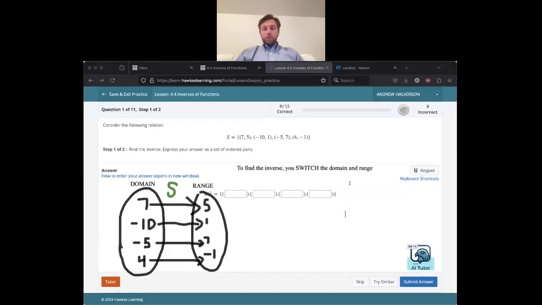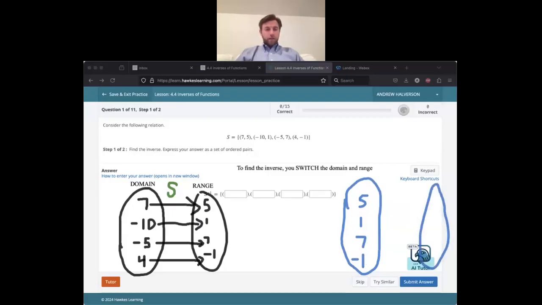Take my two circles. Now I'm taking the range values and making them the domain. So domain becomes range, range becomes domain. You switch places. So 5, 1, 7, -1. And then take my domain values, 7, -10, -5, 4.